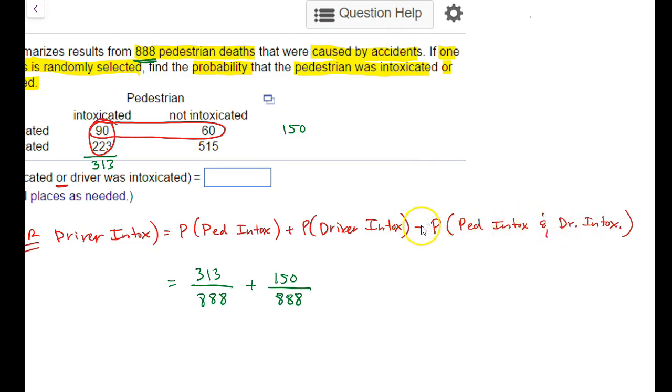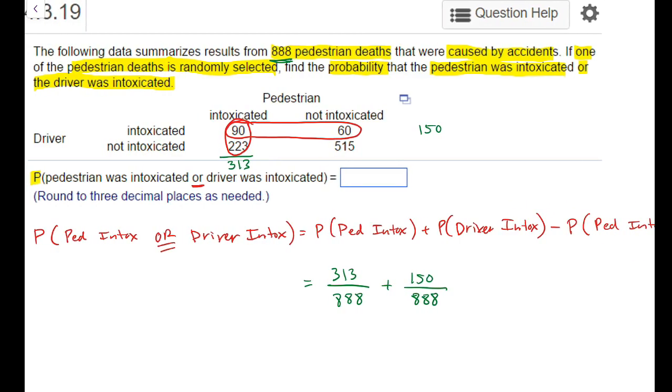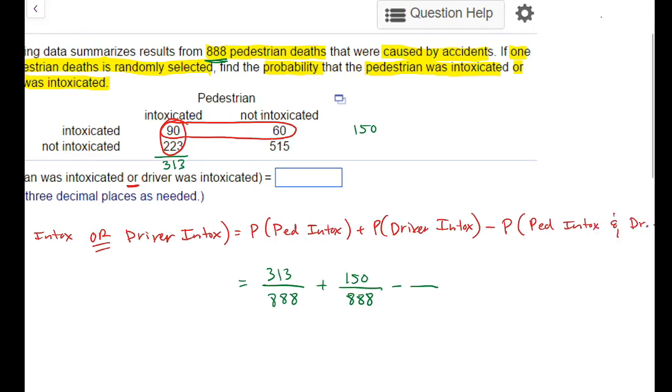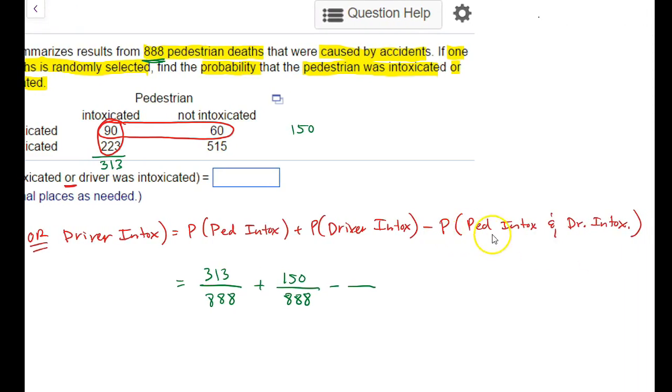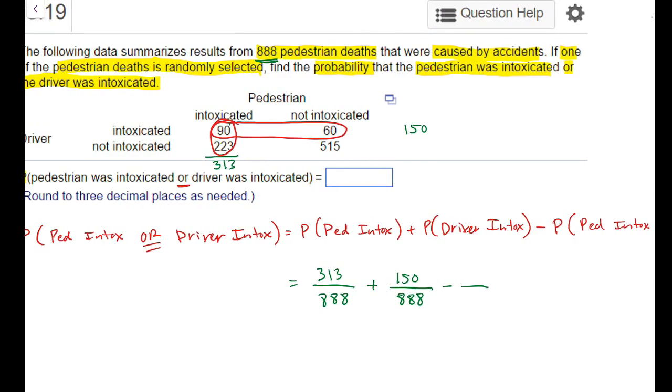That's why we have to subtract that probability out, because we're double counting it. So subtract the probability of the pedestrian being intoxicated and the driver being intoxicated. Well, that's the 90 that we double circled here. Okay, so let's work that out.